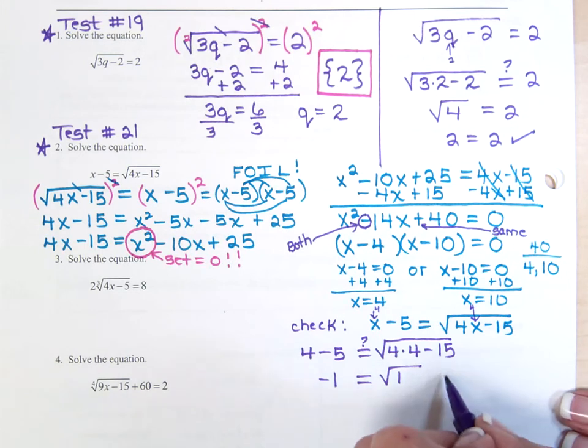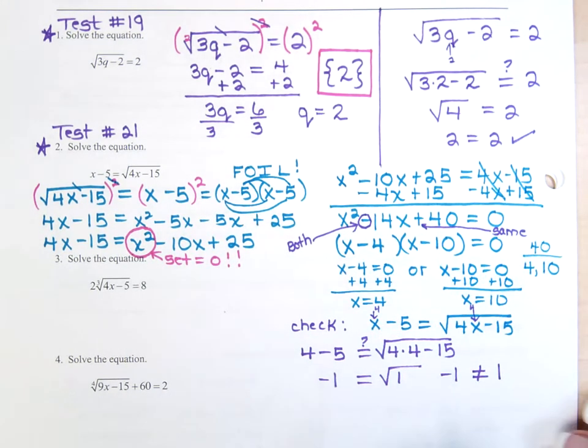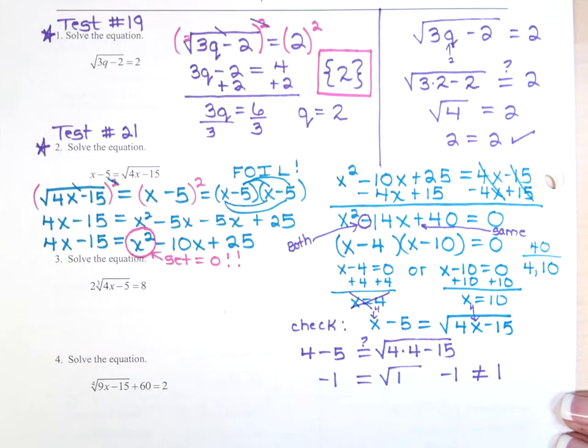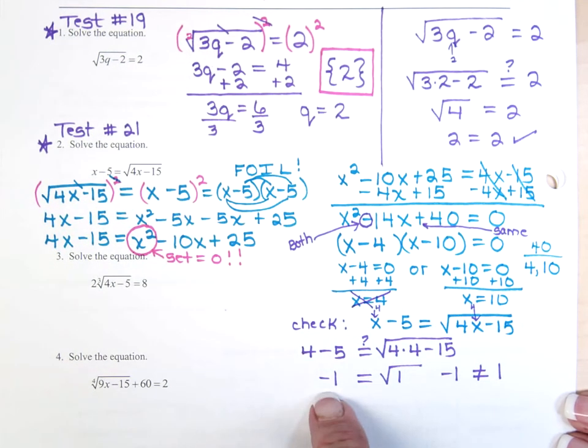Nope, negative 1 does not equal 1. So that means 4 is an extraneous solution, so we can go up and cross it out. 4 minus 5 is negative 1. 16 minus 15 is 1. The square root of 1 is 1. Negative 1 does not equal 1.